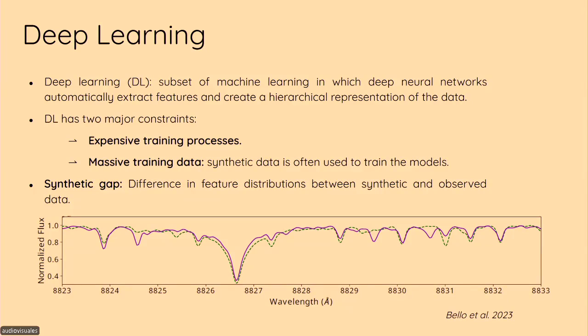Here in the plot, you can see an example. The dashed line is the synthetic one, and the solid line is the real one, and you can see how they are similar but not identical. For example, the synthetic data is not reproducing some of the features, or the depth of the features is not identical to the real data.